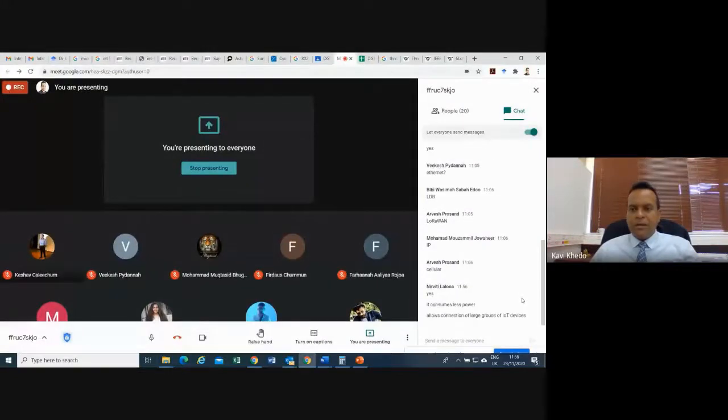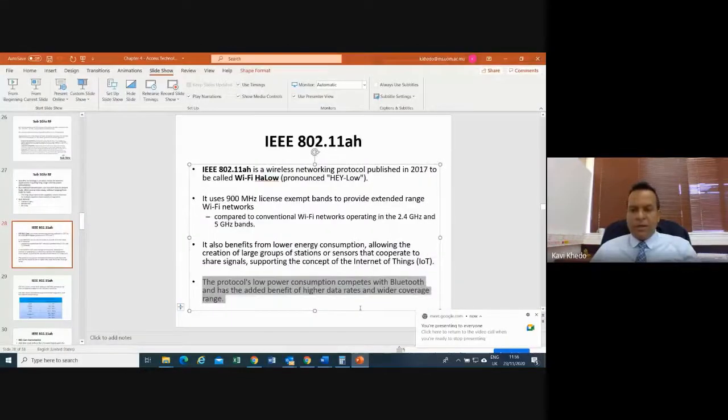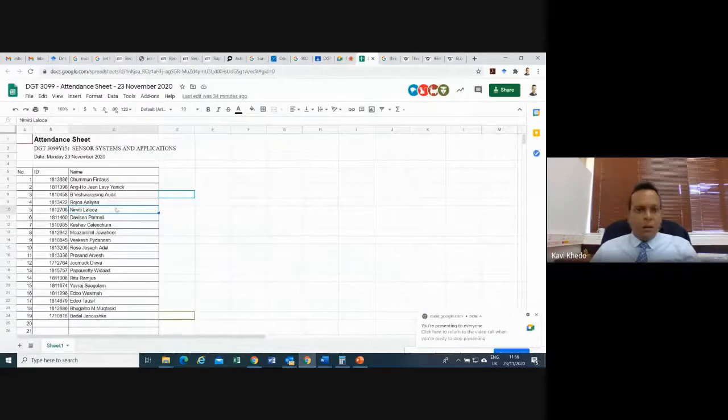Allow connection of large groups. Okay, we can say this is an advantage. But on this point, there are two other advantages I see here. Anyone else? Let me check. Sigulam? Yuvraj? Sigulam?